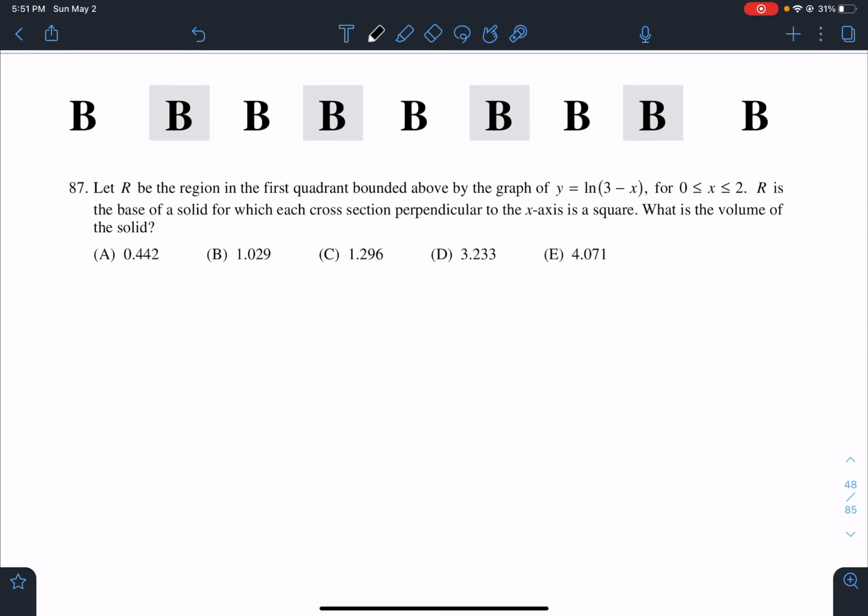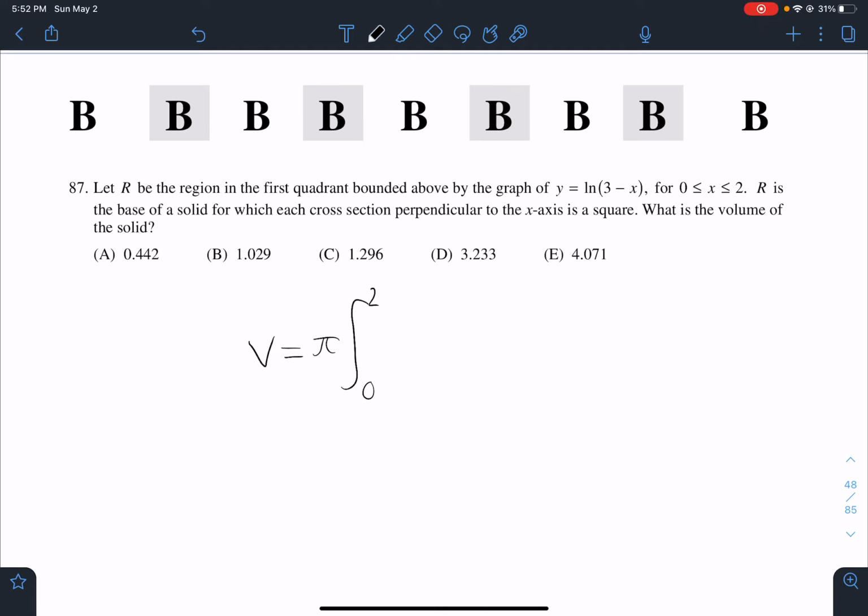All right, 87. We want to find the cross sections of this function, ln of 3 minus x. So to set up this volume, V, we want to take pi times the integral from a to b, and in this case, a is 0 and b is 2. And now we want to have high minus low.